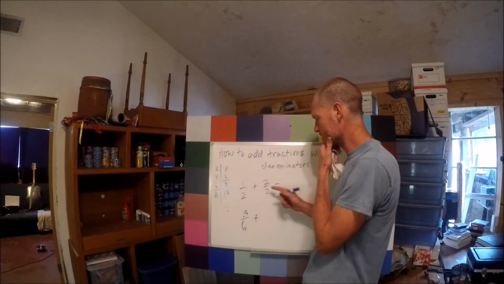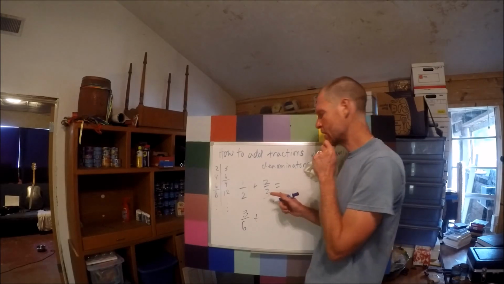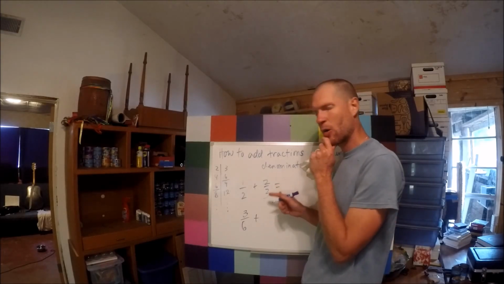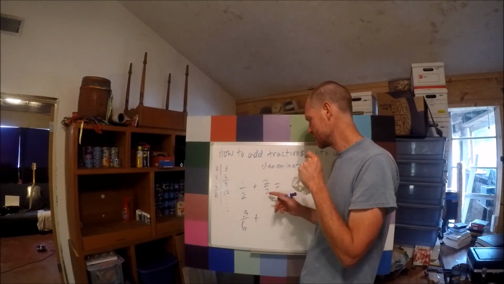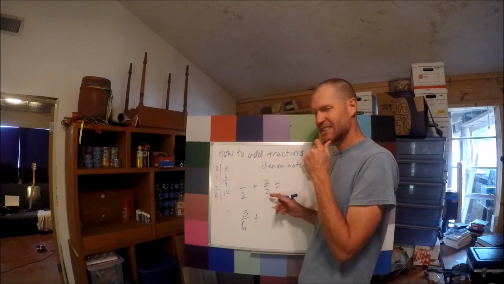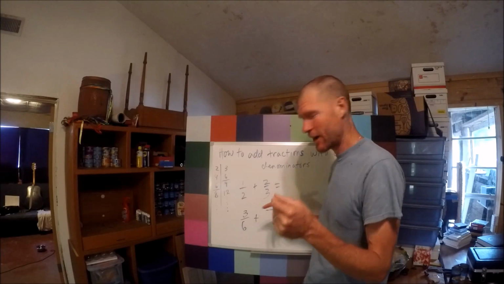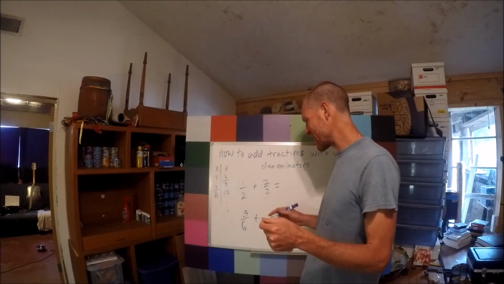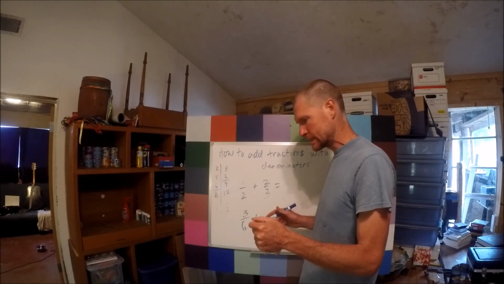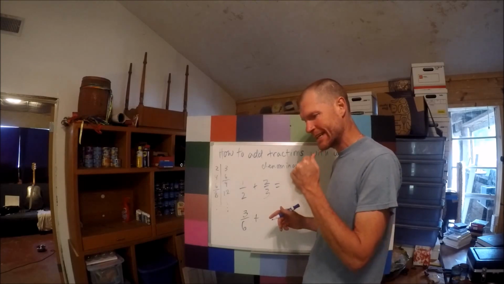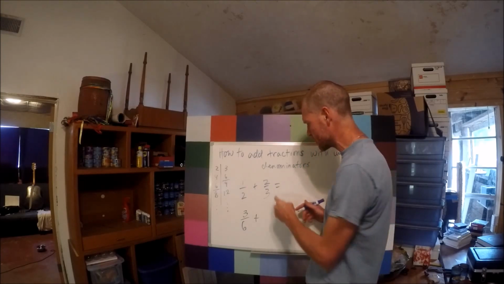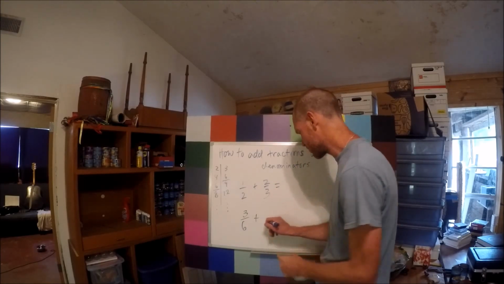And then I got 2/3. So how will I get 2/3 to be an equivalent fraction where the denominator is 6? What do I multiply 3 by to get 6 for my denominator?